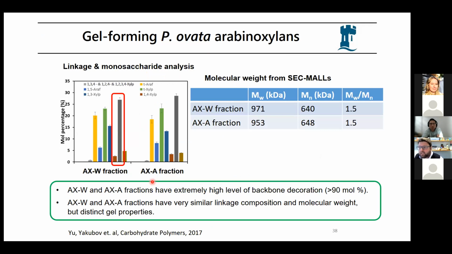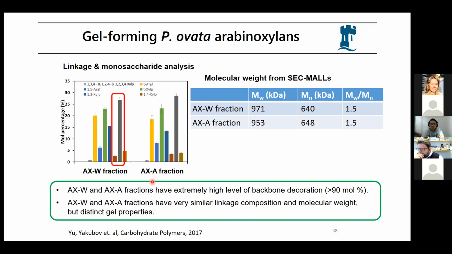So we did all the linkage analysis to look at the constituent polysaccharides, and we also did macromolecular and hydrodynamic characterization using SEC-MALS, DLS, and static light scattering, to be honest. And we were really surprised.